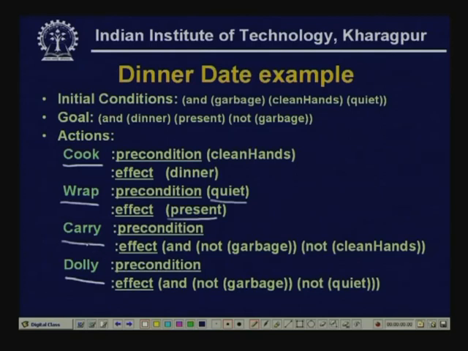Carry is an action which has no precondition and its effect is no garbage and not clean hands. So, hands become dirty, but there is no garbage. Dolly is an action which has no precondition, its effect is no garbage and not quiet.